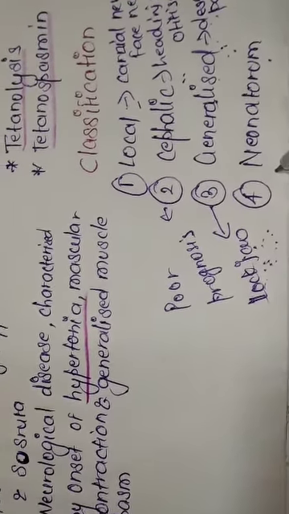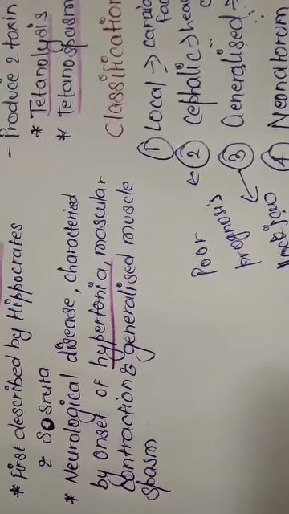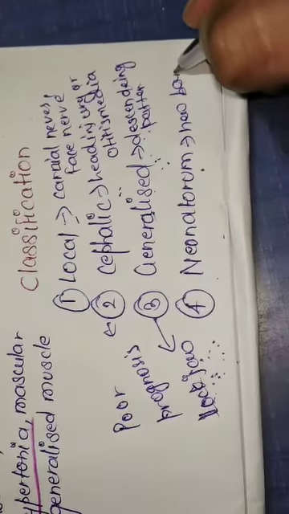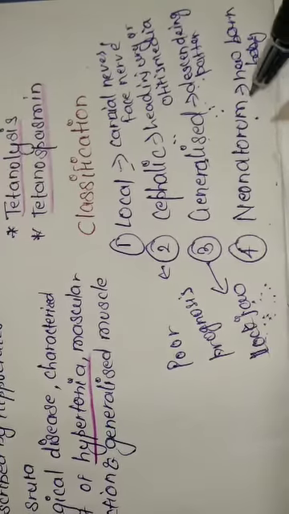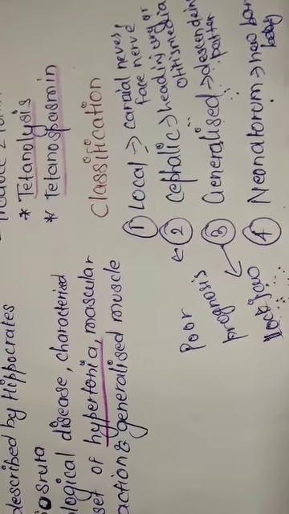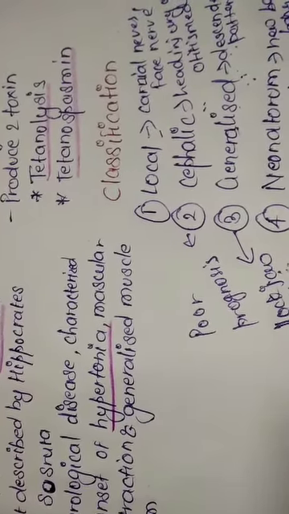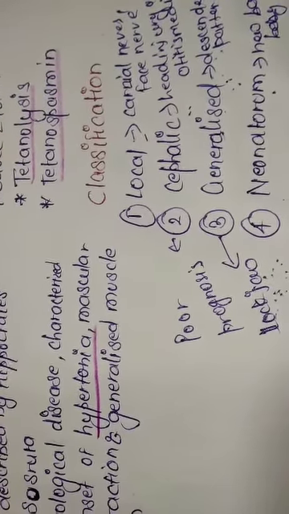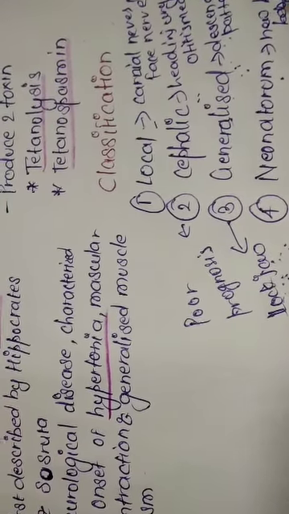But while talking about neonatal tetanus, it's a generalized tetanus occurring only in newborn babies or infants, in infants of non-immunized mothers. It occurs from an infection of the unhealed umbilical stump, particularly when the stump is cut with a non-sterile instrument.